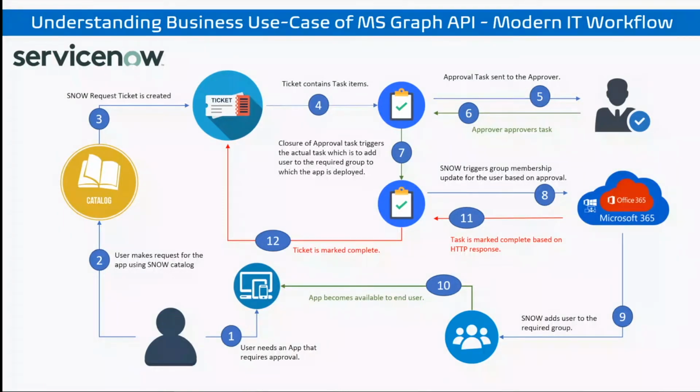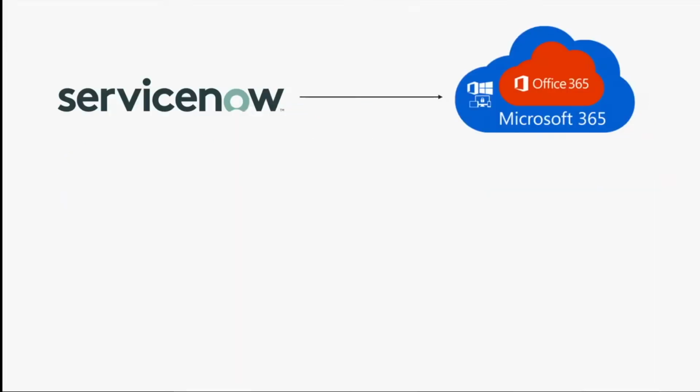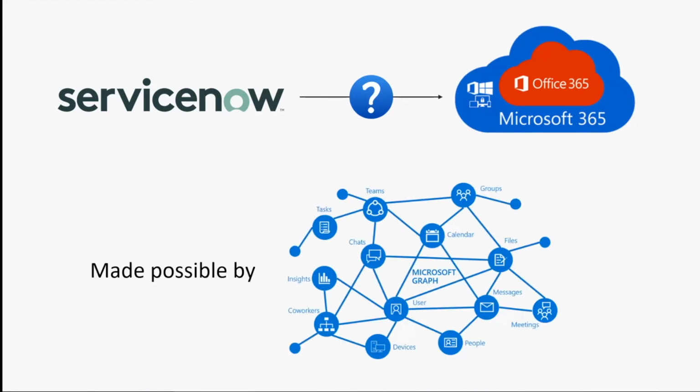This is a general business use case of an automation saving help desk calls or tickets, reducing cost. And this is where we talk about Graph API. How ServiceNow is communicating with the Microsoft 365 Cloud is where Microsoft Graph comes in.